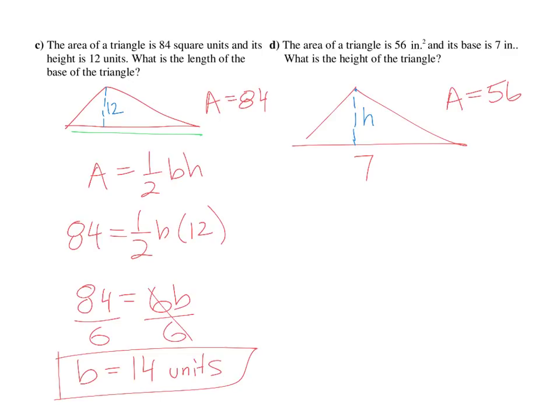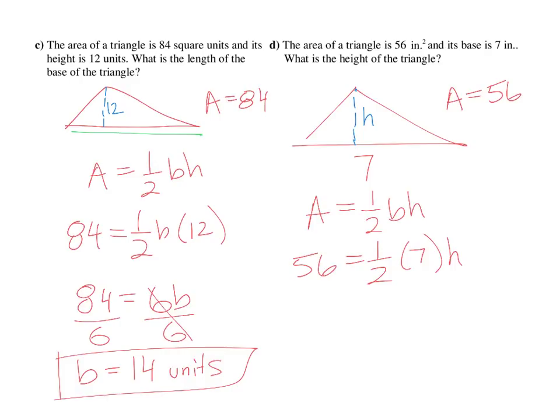Okay, so area is equal to, once again, half base times height, or base times height divided by 2, same thing. And the area is 56. Then I have half of the base, which is 7, times h. Okay, now you could take half of 7, which is 3.5, but instead of having to work with decimals, I'll just do this from the very beginning.